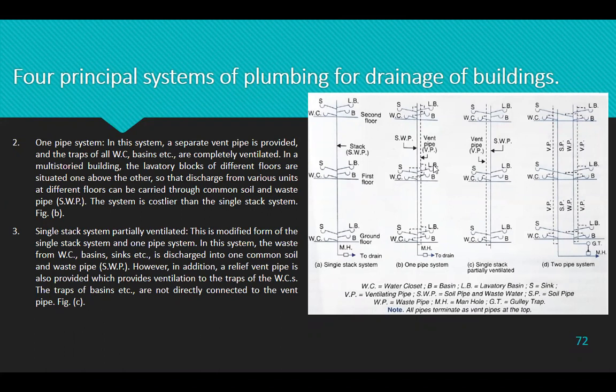So ito. Next, single stack system partially ventilated. This is modified form of the single stack system and one pipe system. In this system, the waste from water closet, basin, sink, and the shower, etc. is discharged into one common soil and waste pipe. However, in addition, a relief vent is also provided, which provides ventilation to the trap of the water closet lang.